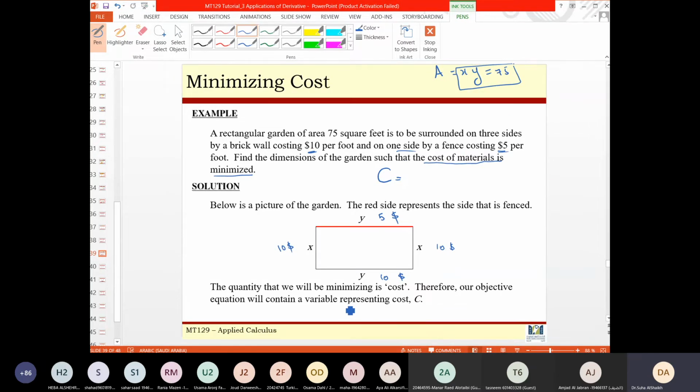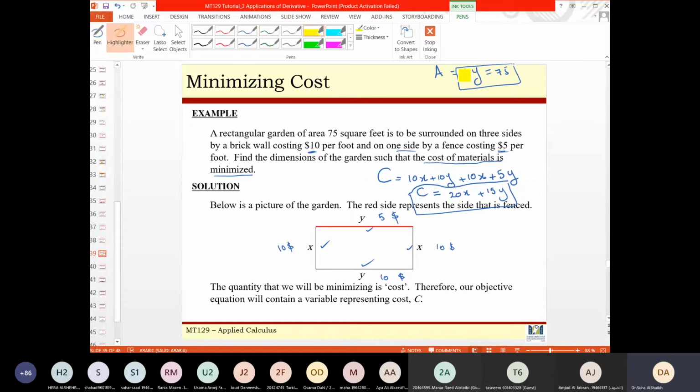So the cost of this side, for example, is 10 times x. The cost of this is 10 times y. The cost of this is 10 times x, and the cost of this side is 5 times y. So if we combine the things here, we get the cost function 20x plus 15y.